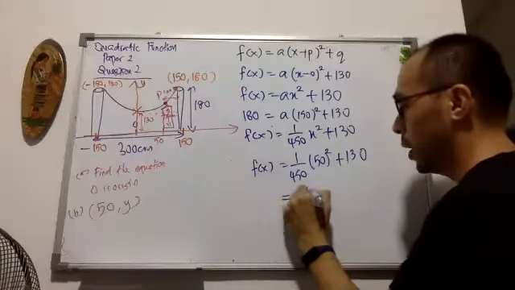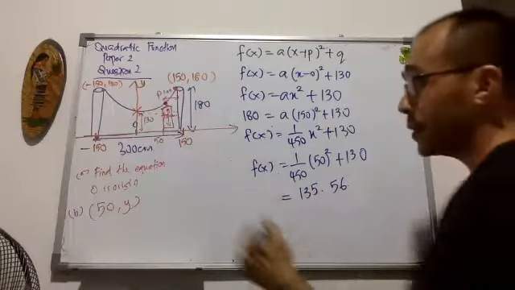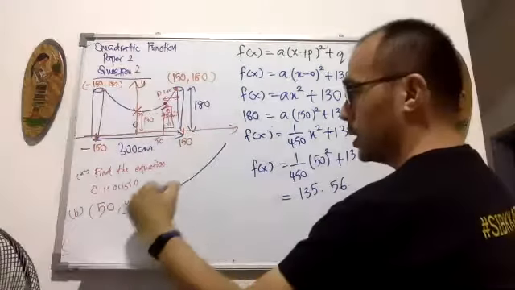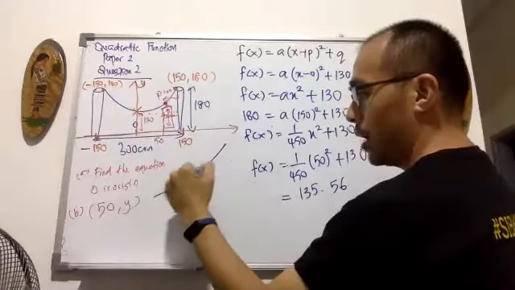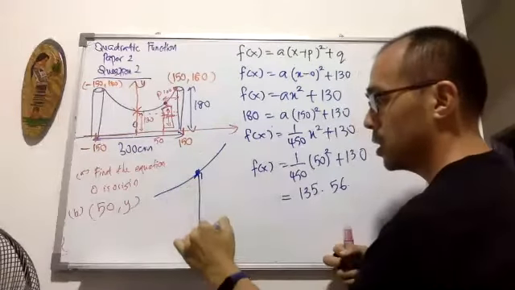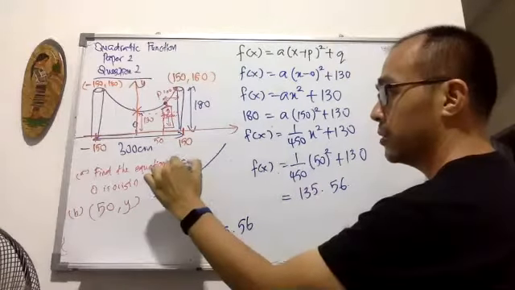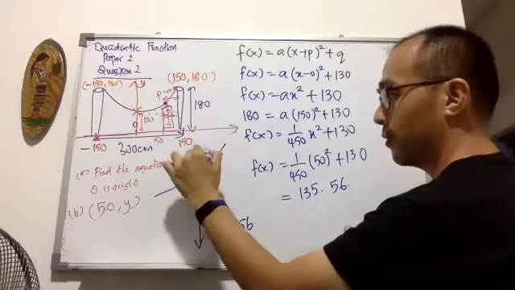Okay, I'm going to use this now. Now I'm going to zoom in here. So wherever I hang this shirt, the height is 135.56. This coordinate is 50, 135.56.